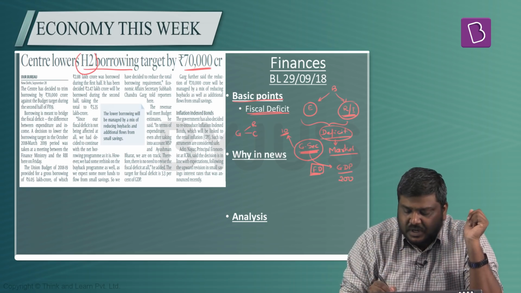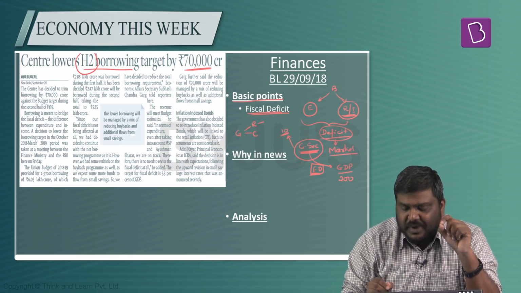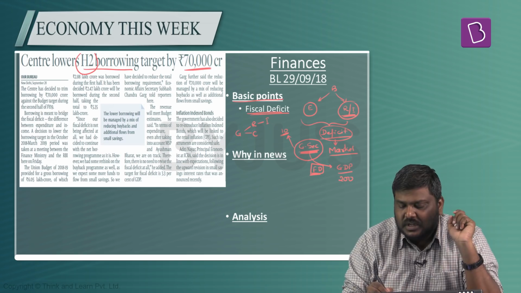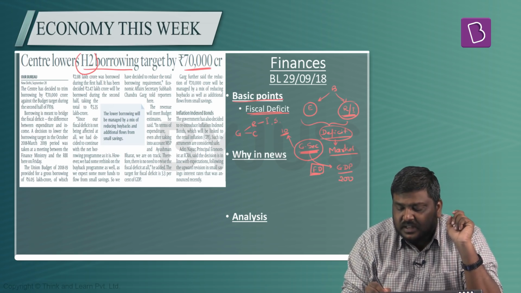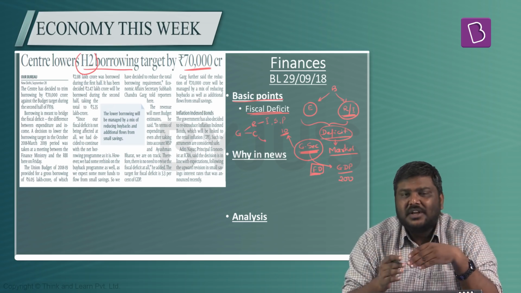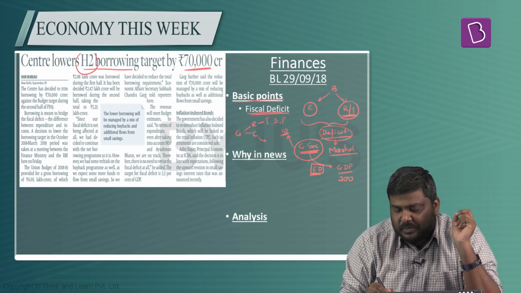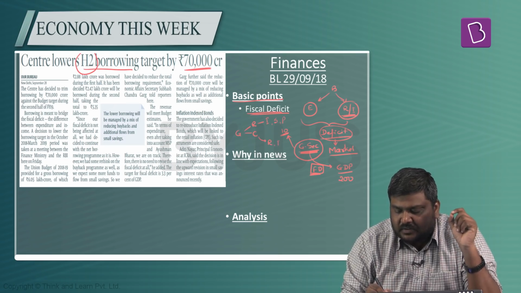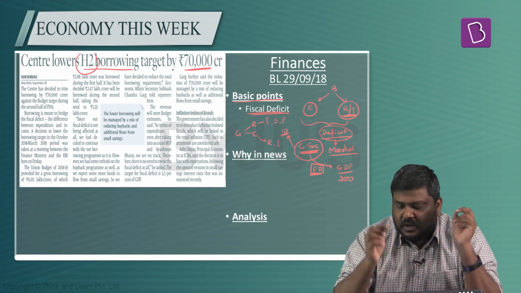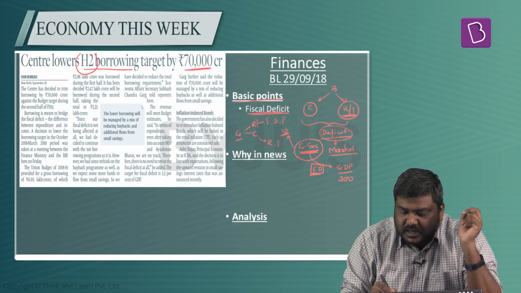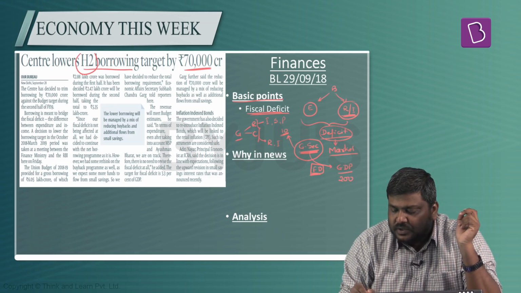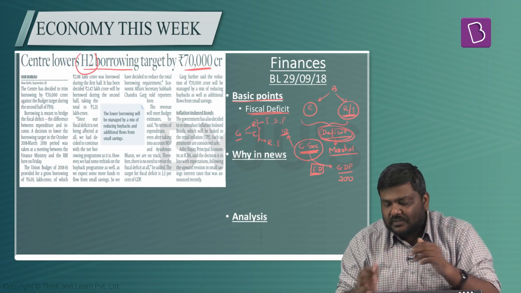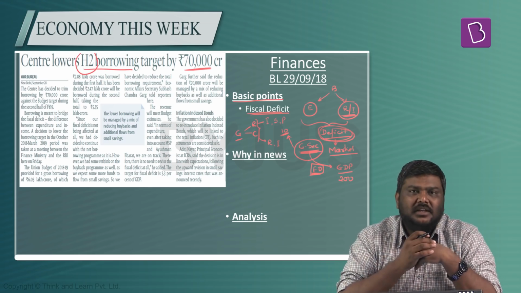Under revenue expenditure, usually they will incur expenditures mainly in the form of interest payments, subsidies, pensions, and so on and so forth. Whereas in capital expenditure, the main expenditure will be the repayment of the loans as well as the investment in infrastructure. So whenever the government needs to ensure this kind of expenditure, they will have to ensure that this deficit is met with the borrowings in the market.